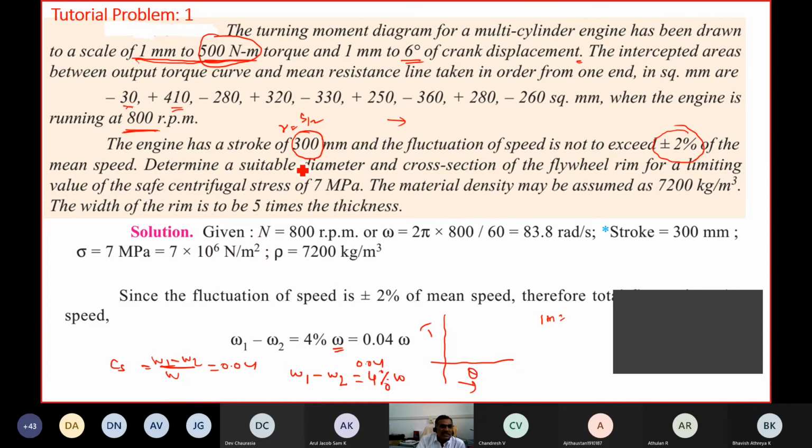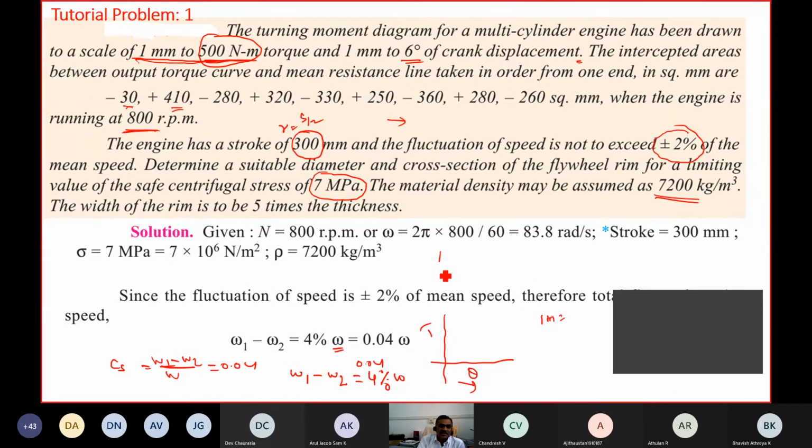Determine a suitable diameter and cross section of the flywheel rim, with the limited value of centrifugal stress given as 7 megapascal. The material density is 7,200 kg per meter cube. The width of the rim is 5 times the thickness.